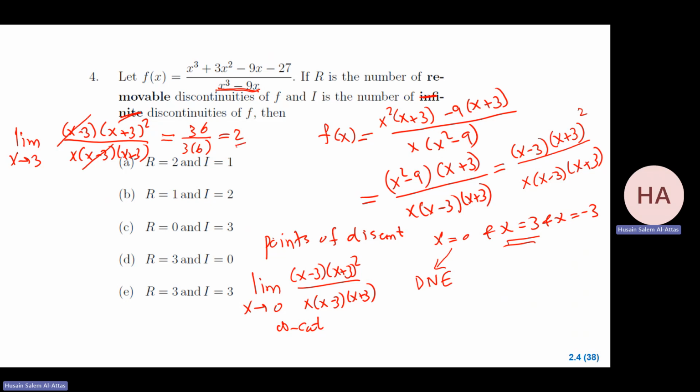So the limit exists. And the same thing for x equals minus 3: if you do the limit as x goes to minus 3, you have x minus 3, x plus 3 squared.